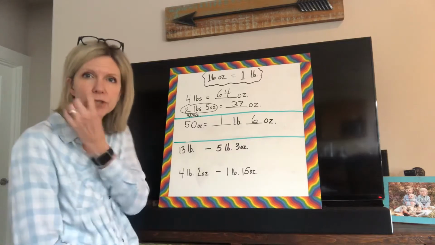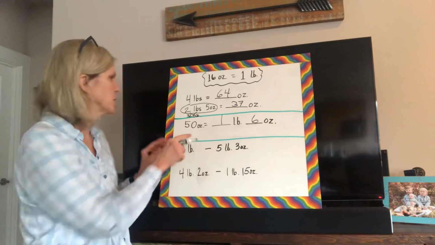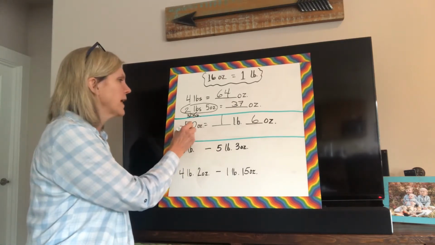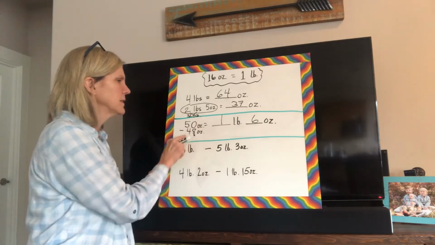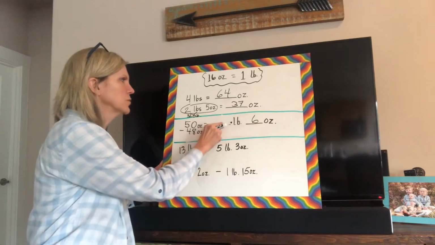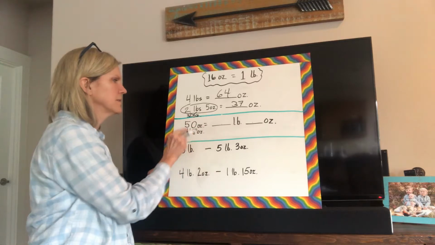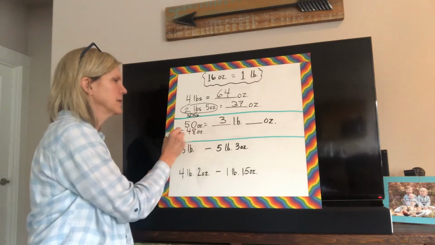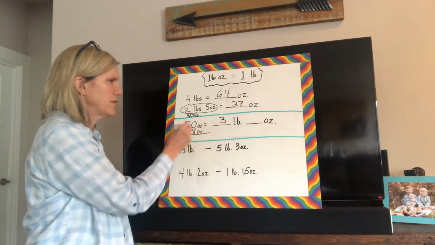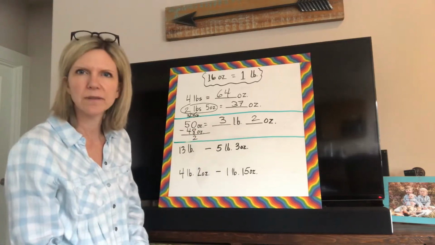Okay, if you look at your sheet where you converted that, you would see that 48 ounces, which is the closest to 50 without going over, is the same as 3 pounds. But this is 50 ounces. So take 48 ounces out of 50 and you have 2 ounces left. So it's the same as 3 pounds and 2 ounces.